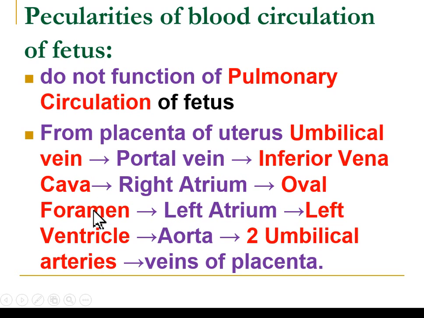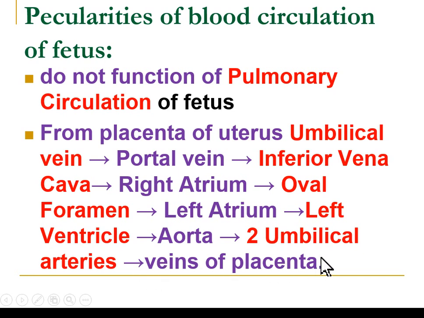Through the oval opening from the right atrium, the mixed venous blood directs into the left atrium, then the left ventricle, and the aorta nourishes the organs, and two umbilical arteries flow into the veins of the placenta.